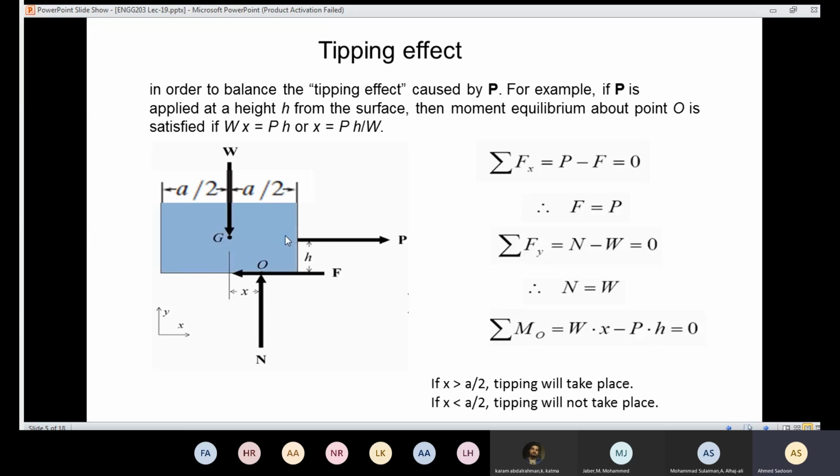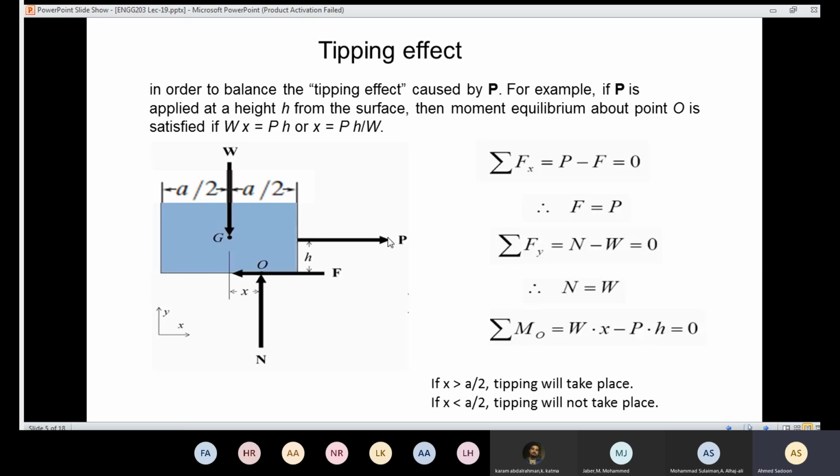If I draw the line of action here, here is the perpendicular distance. And W, if I draw the line of action, is going to multiply by the distance x here. x represents the perpendicular distance. So W times x is going to cause a positive moment, Wx, and P times h is going to cause a negative moment.